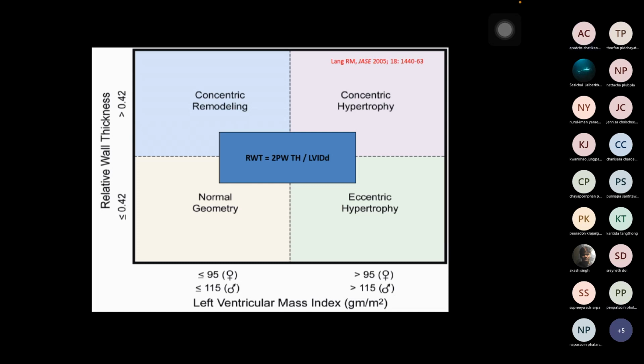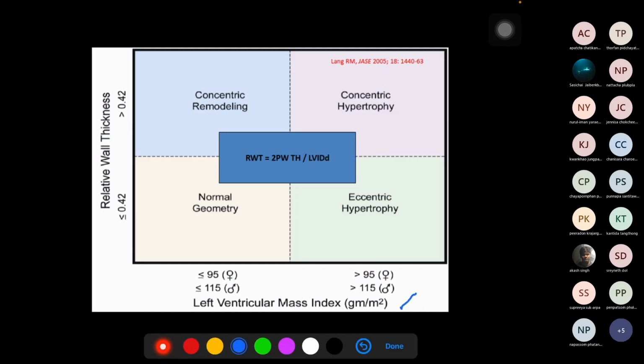Okay. To review it again, it is divided into the 4 categories. The first one, you start with the LV mass index. To remember, in the female, the magic number is 95, and 115 in the male.